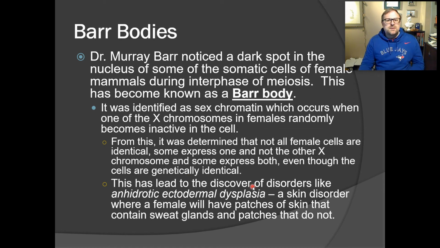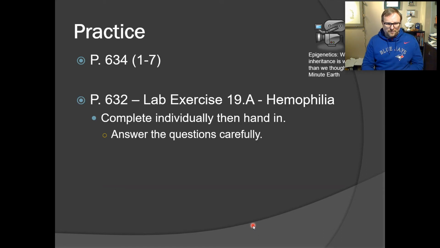So this led to discovery of disorders like anhidrotic ectodermal dysplasia, which is a skin disorder where females have patches of skin that contain sweat glands and patches that do not, right? And maybe the patches that do not are where those cells have shut down the dominant allele, and only the recessive allele is being expressed if that female is heterozygous.